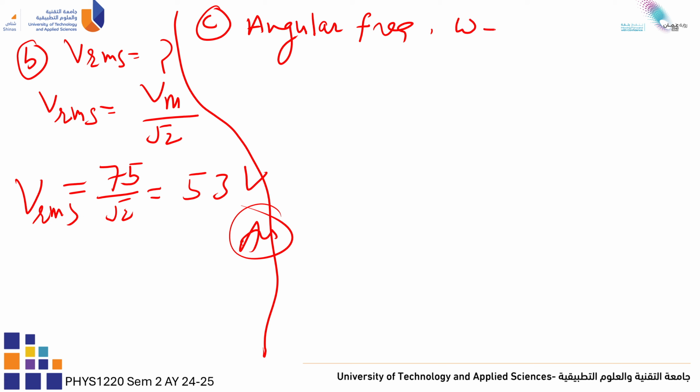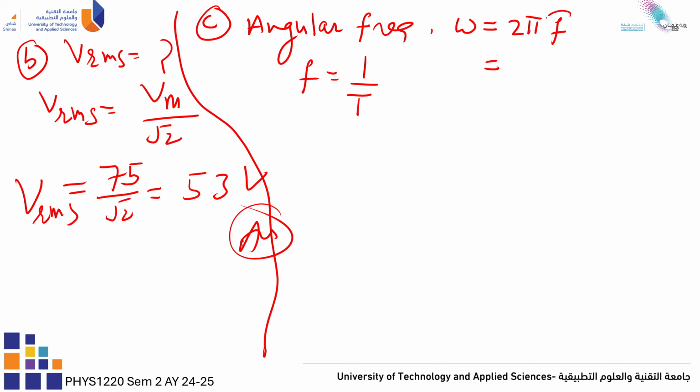And what is the omega? Directly we cannot find the value of the omega from the signal. First I have to find the frequency or the time period, then we can find it. So omega is 2 pi f, and I know the frequency is 1 over time period.